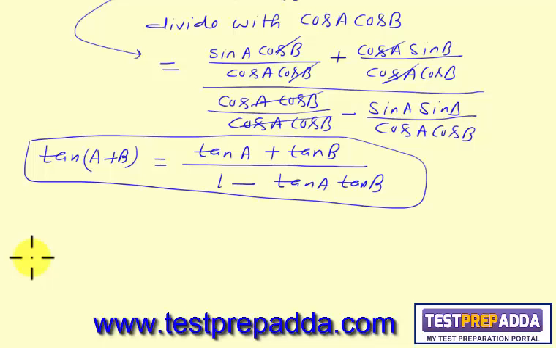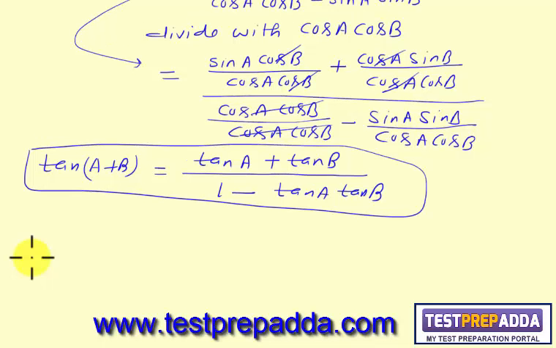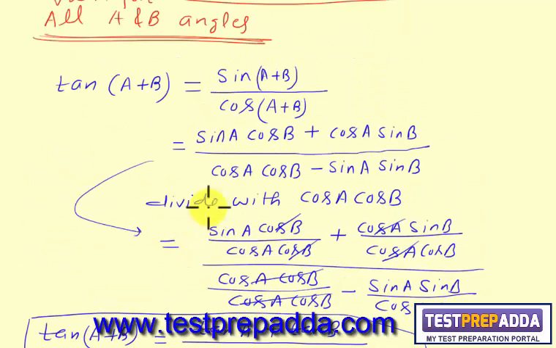But dear students, please note that here it is sin(A+B) upon cos(A+B). So this will not be valid if cos(A+B) is 0. So cos(A+B) should not be 0. And what are the angles where cos is 0?